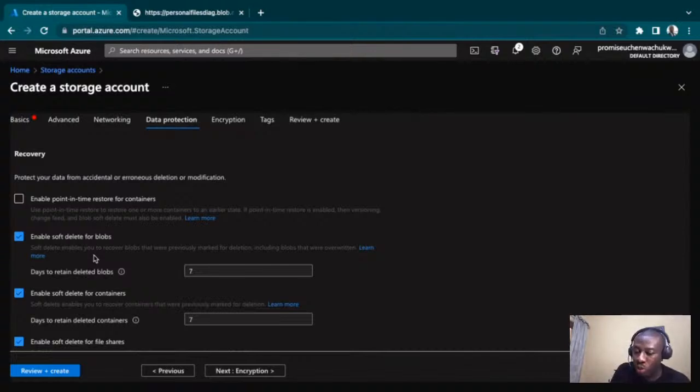What we're going to do is to try our possible best to help you recover the data, so that if it is not recovered, you will not come and say, oh, Microsoft did not help me recover my data. They had already told you that we are not promising you anything. So when it started becoming a regular thing, a lot of customers were coming, oh, Microsoft, help me to recover my data. I mistakenly deleted my blob, all of this.